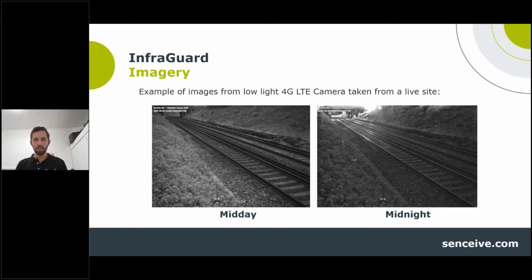So very similar, certainly can see the asset, in this case, the track that the camera is pointed at. Again, without any illumination required. The camera uses ambient light to collect and create this image. These images are high quality, they're high res, they're a little over 3,000 by 2,000 pixels. And again, this camera is Senceive's product. This is our proprietary technology.